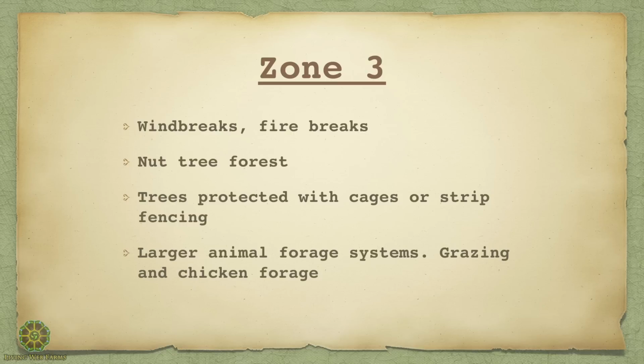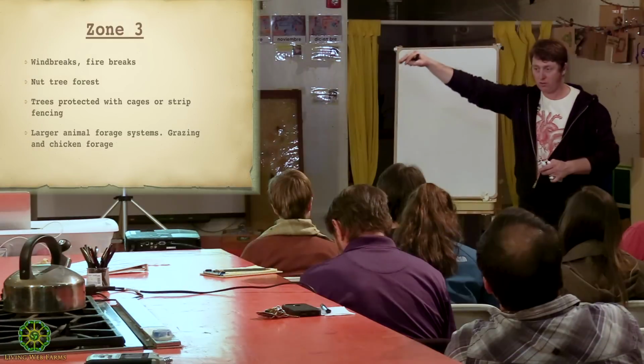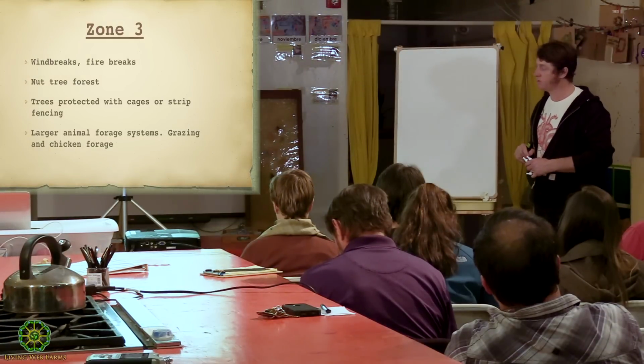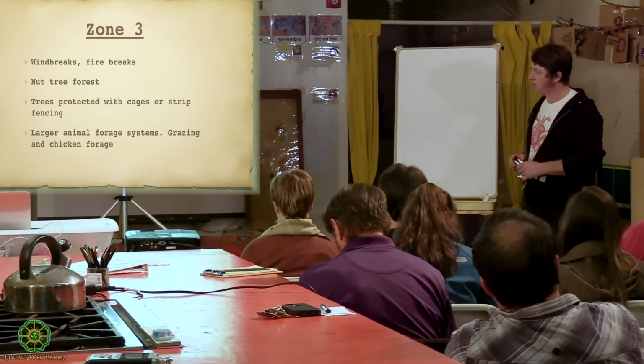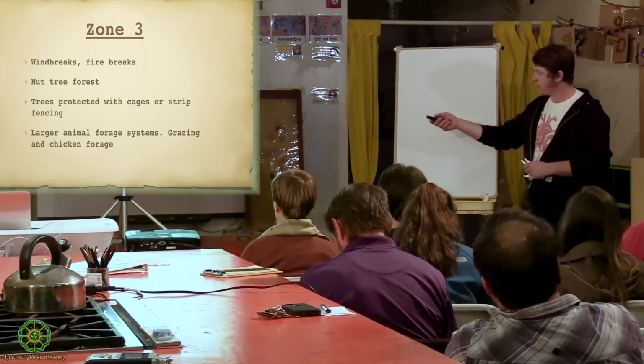If your chickens are out in zone 2, opening up to zone 3, that's where you want forage systems, food forest and such, that your chickens can get into. But you want to protect your trees with cages or fencing, or sometimes you'll do strip fencing and have an offset row of trees, something like that.